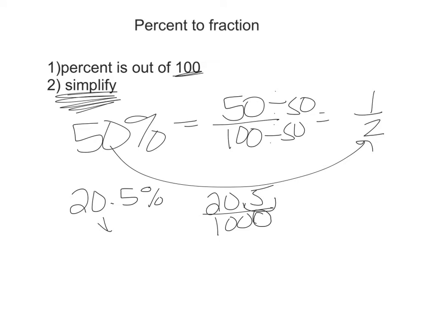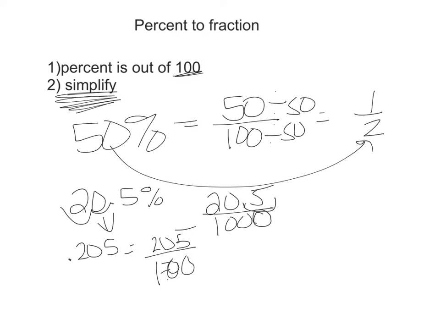So you can also think about it as, if I make this a decimal first, I have 205 thousandths, that's 205 over 1,000, and then of course I would have to simplify.